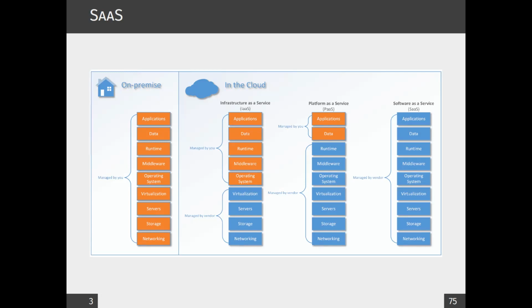But now with cloud computing and cloud technologies, we can have all the infrastructure part managed by a particular vendor.